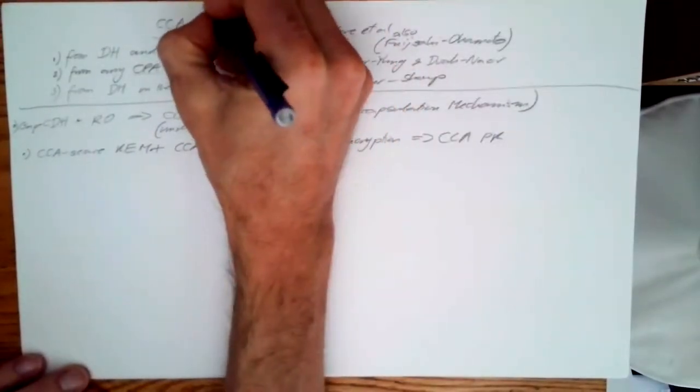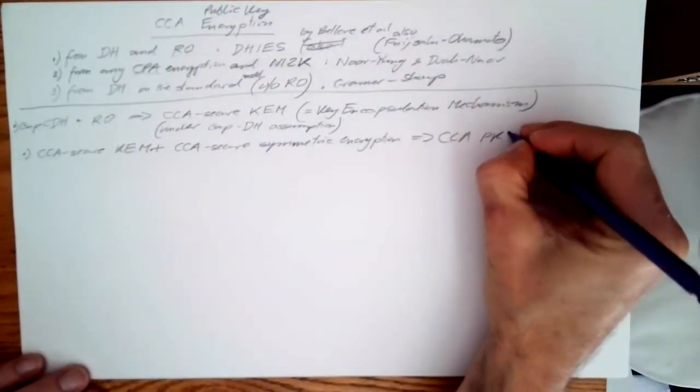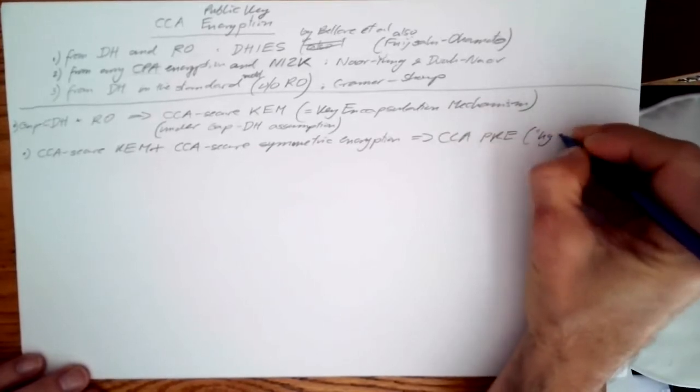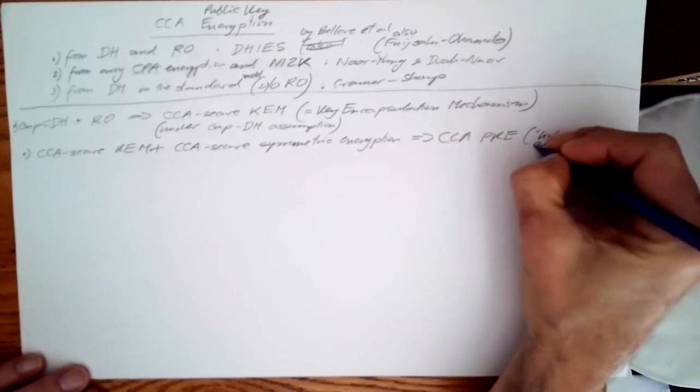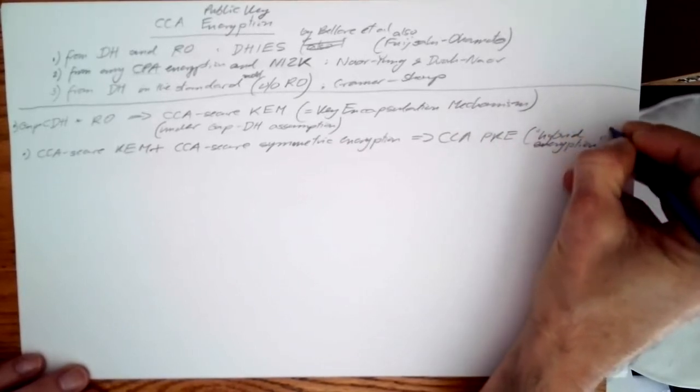So here I mean public key encryption. This is the so-called hybrid encryption scheme. Okay.